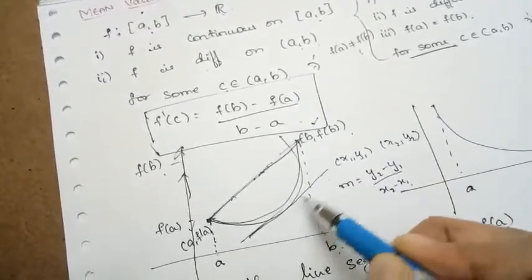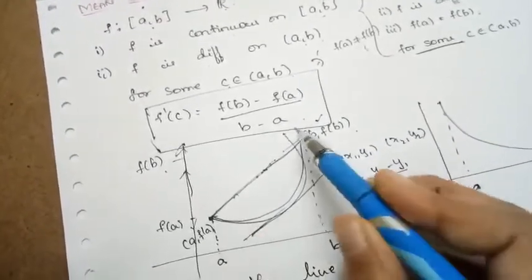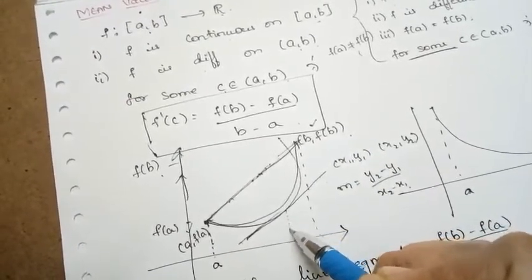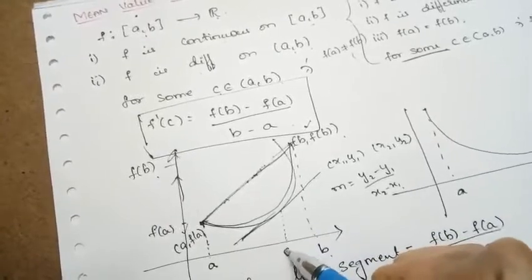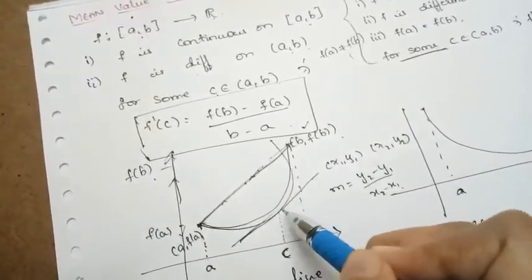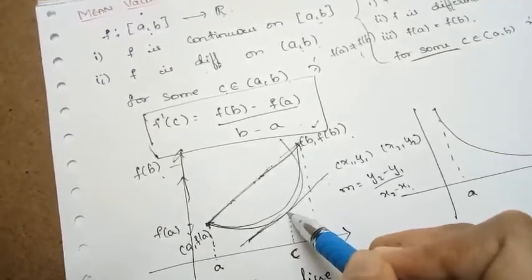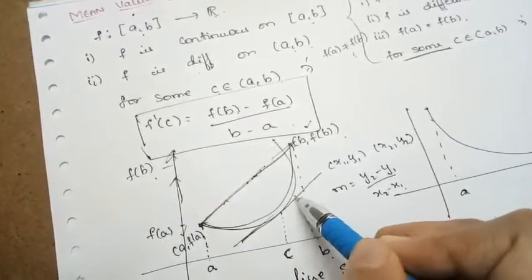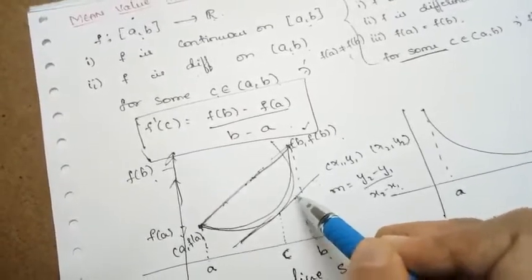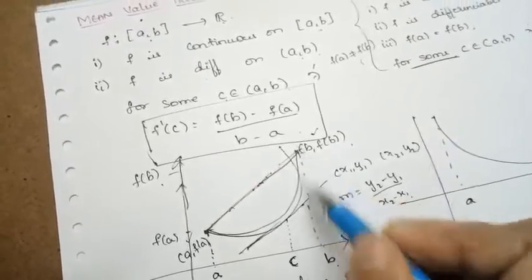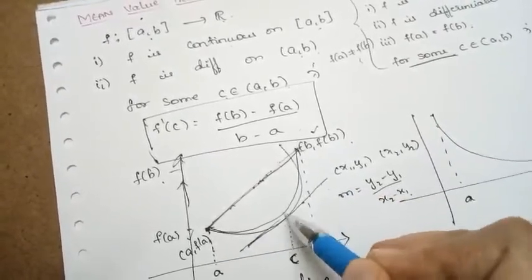So this is a tangent drawn to the given curve, at a point, say some point C, which belongs to the interval (a, b). If this is a tangent to the given curve at the point C, then the slope of this tangent of the curve is nothing but the derivative of this curve at the point C, right?